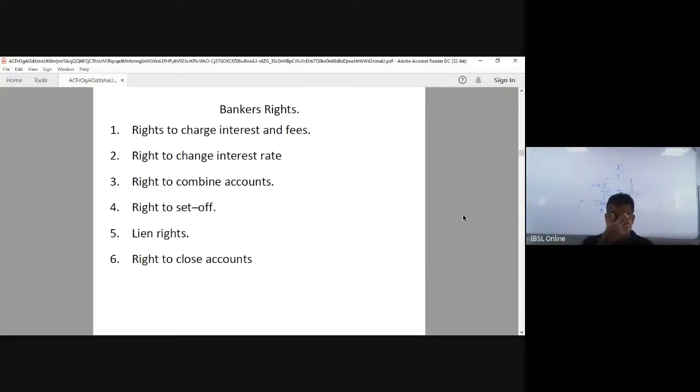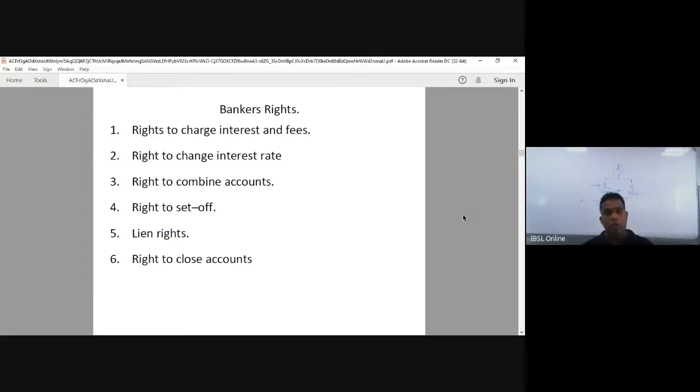For example, you can combine the accounts if those accounts are maintained by the customer in the same capacity. That is a different thing that you have to study at length. Basically, one customer can maintain more than one account, but in different capacities. For example, a person can maintain a personal account under his name, and he can maintain a professional account under the same name.